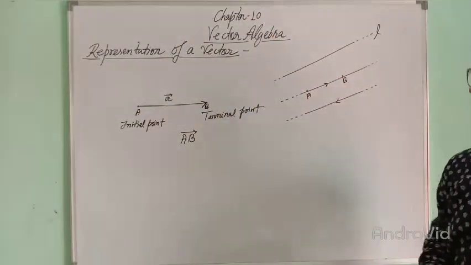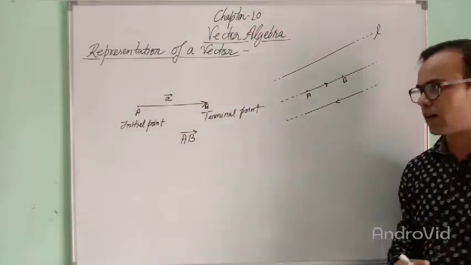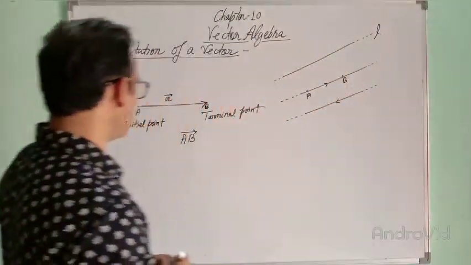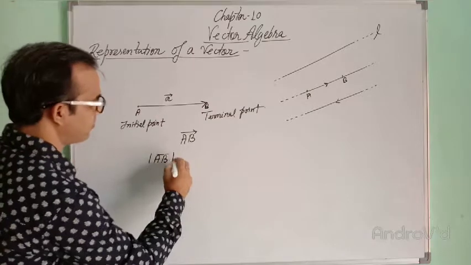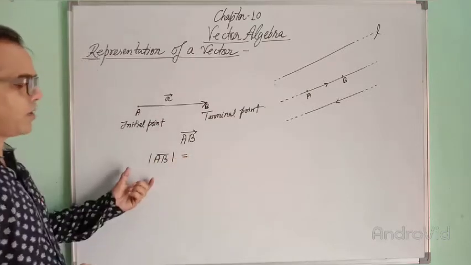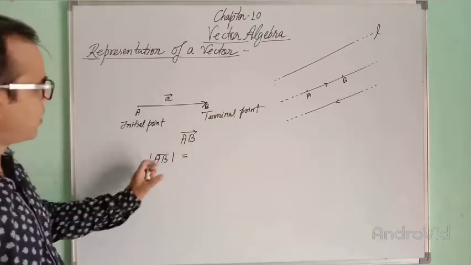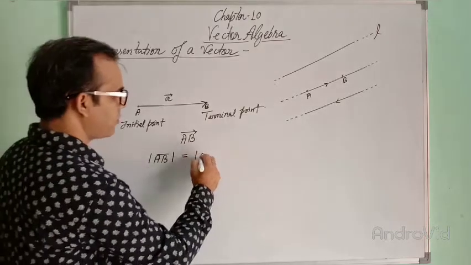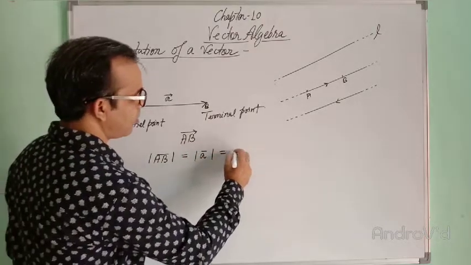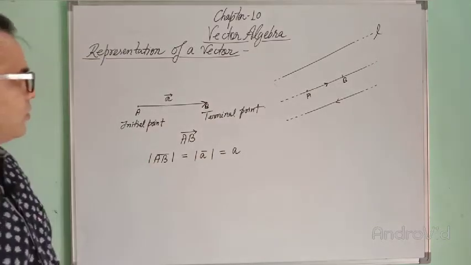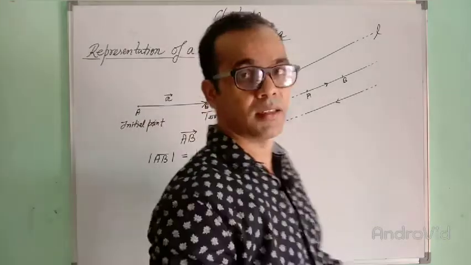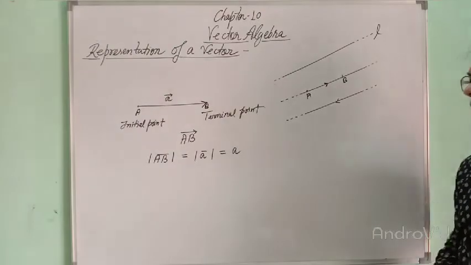Okay, now let's discuss the magnitude of this vector. How to write the magnitude of vector AB? The magnitude of vector AB is written as |AB vector|, or simply you may write it as |a vector| or simply a. So this was all about how to represent a vector quantity.